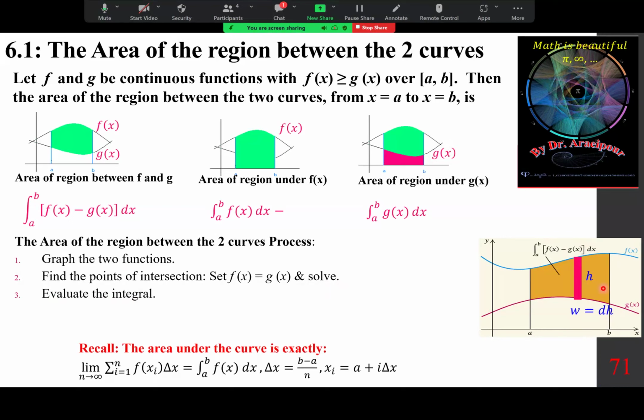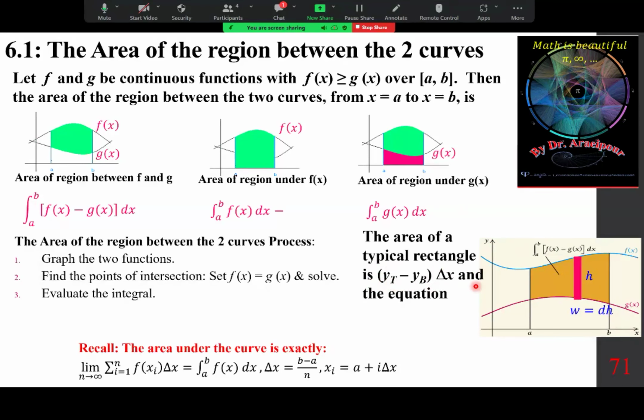If we sweep this across the x-axis, that becomes dx, the width is dx. But if we go up and down, it becomes dy. The area of a typical rectangle is, in this case, because it's completely above, y of t, where t stands for the top, y of the top minus y of the bottom times delta x.